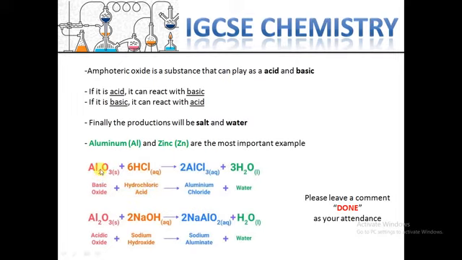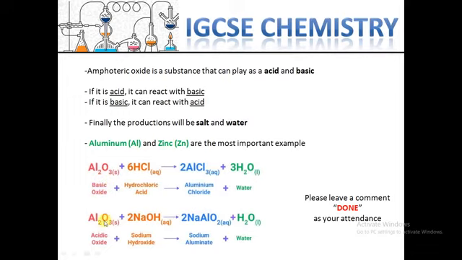Here it takes the position of a base, and it can produce a kind of salt, as I said here, and water. So here aluminium oxide plays as a base.